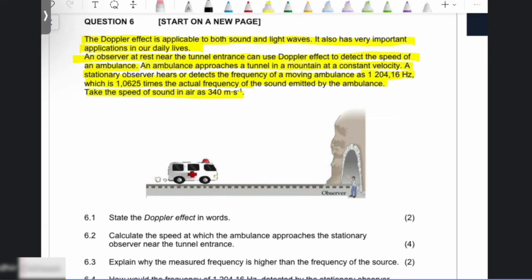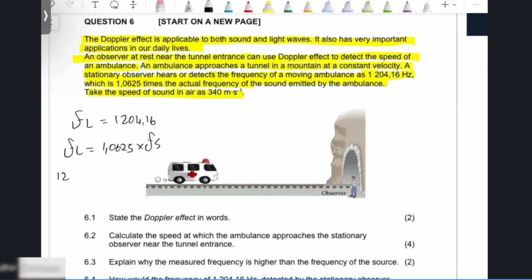Okay, so this is actually really simple. We're saying that the frequency of the listener is 1204.16, and the frequency of the listener is basically 1.0625 times the frequency of the source.